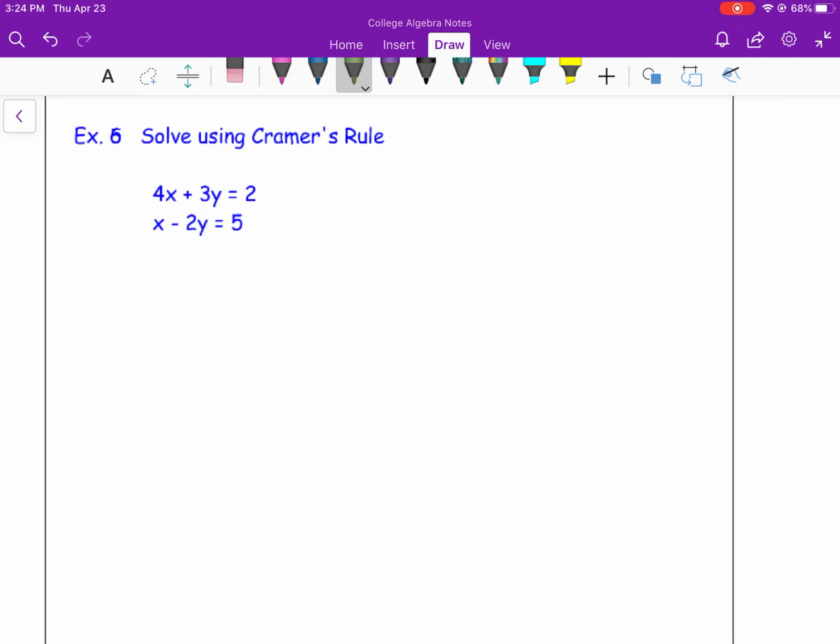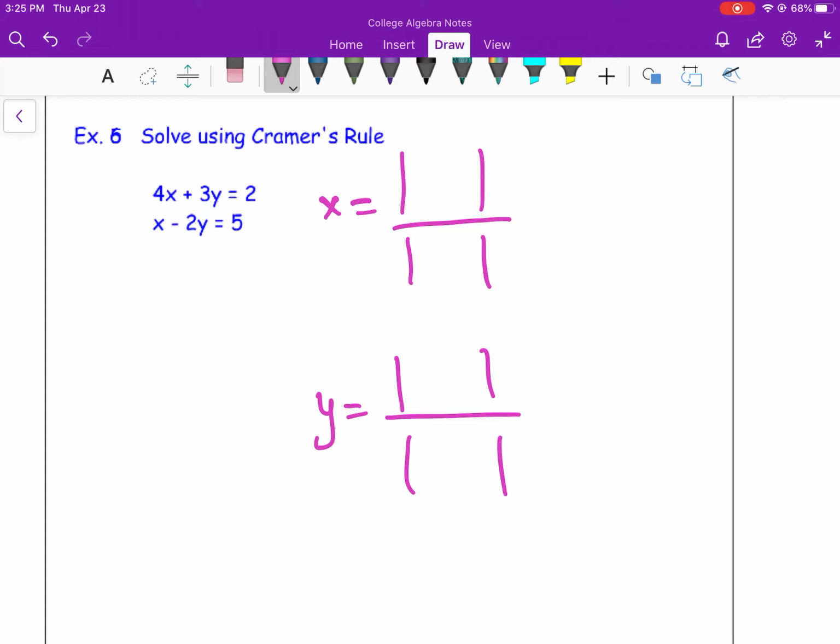All right, the first thing you want to ask yourself is, do your x coefficients line up with your y coefficients, and are your constants on the other side of the equal sign? And they are. So what we're going to do is say x is a determinant over a determinant. Y is also a determinant over a determinant.